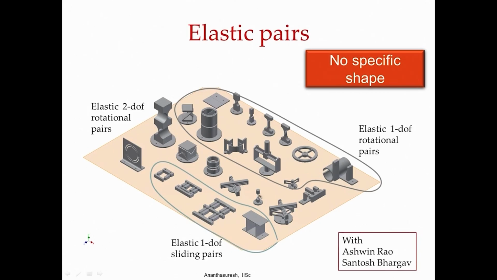They are all different from one another in terms of their shape, but they all do the same thing, meaning 1, 2, 3, 4, 5, 6, all these 6 are going to give you 2 degrees of freedom rotational pair, and all of these encircled ones give you elastic 1 degree of freedom rotational pair, and these are elastic 1 degree of freedom sliding pair. What you need to notice is that there is no specific shape for elastic pairs, unlike it is there for kinematic pairs.